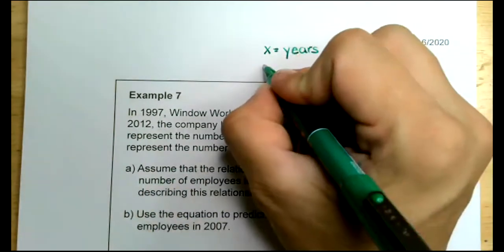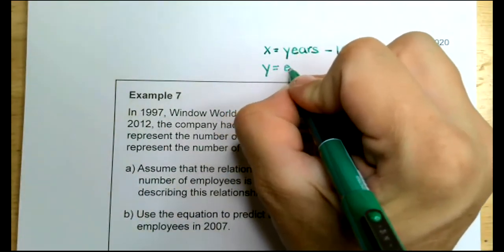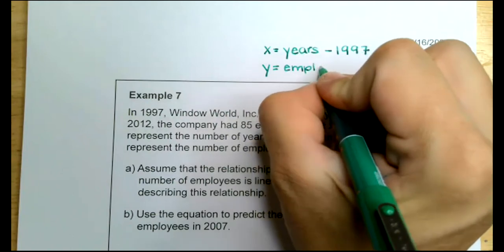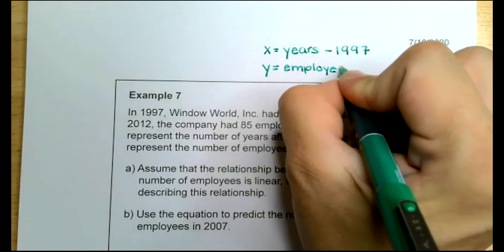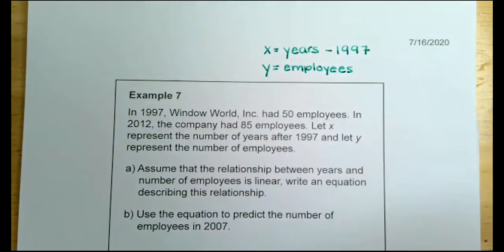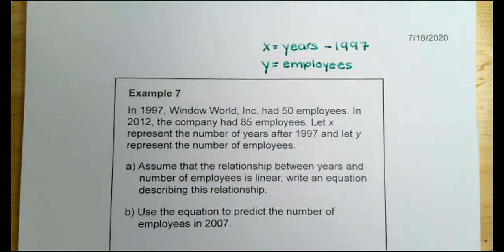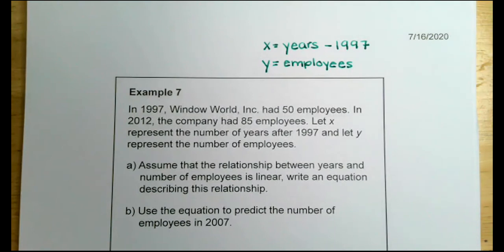And Y is just employees. Assume the relationship between years and number of employees is linear and write an equation.